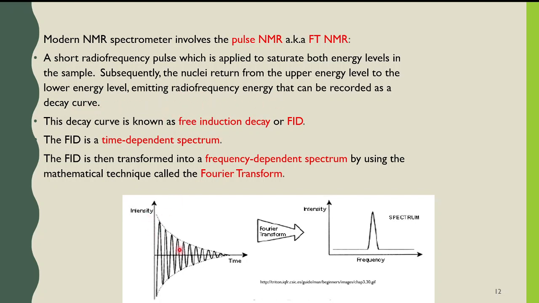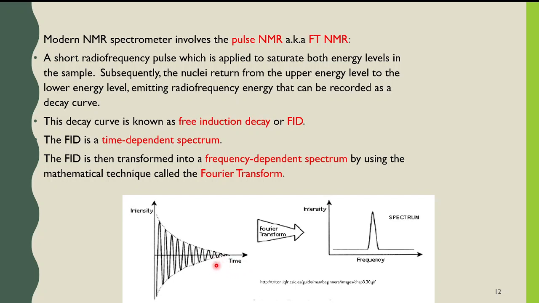This decay curve is actually the actual signal of the NMR, which is called the free induction decay, also shortened to FID. In the labeling here, the x-axis is time, in seconds, for example.